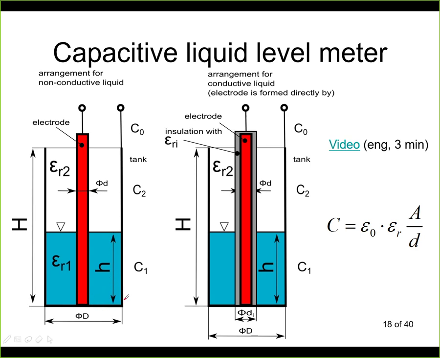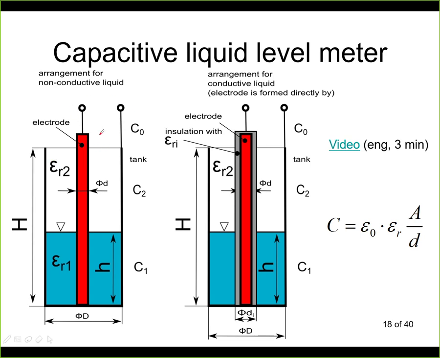We have this distance between the electrodes, and we have this material, so this will be C1. Then we have this capacity. This is air, and again here we have this distance, which gives us the area. We have this distance between the electrodes, and we have this material.